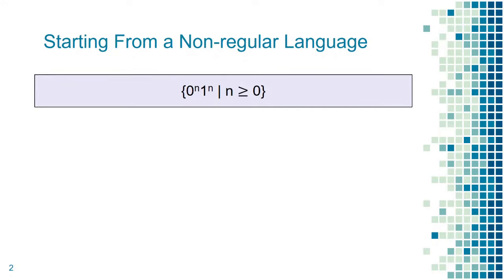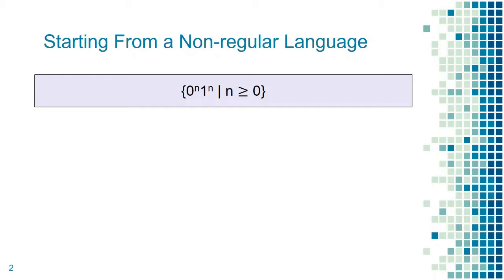So even very simple things like 0^n 1^n, so we've got n zeros followed by n ones. We can't recognize that language with a finite automaton in the form of a DFA or NFA. What we were beginning to see in the tutorial last week is that we cannot recognize something with a DFA or NFA if there's a relation between this power and the next power.